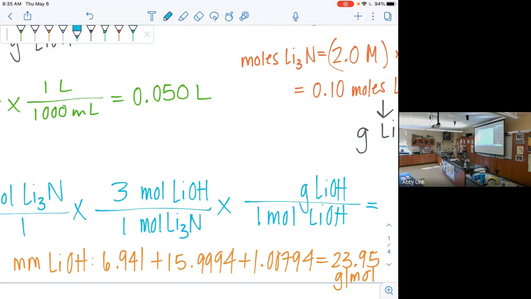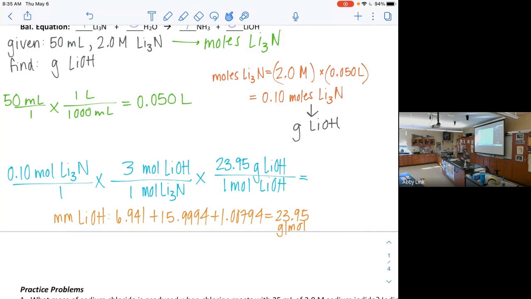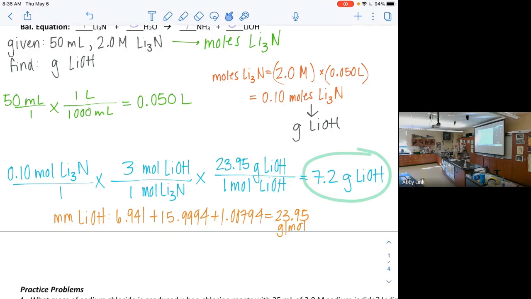So plug that value in the numerator here, and then I am ready to solve this out. Keep with your 2 sig figs here. I come out with a value of 7.2 grams of LiOH as my final answer.